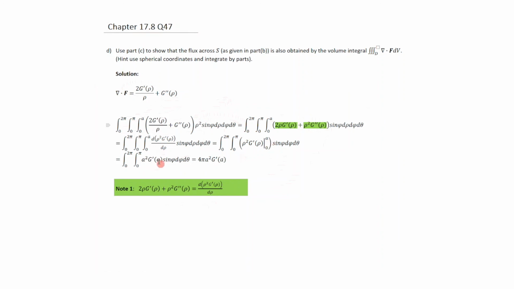That becomes a squared g prime of a because we're evaluating at the upper bound a and the lower bound 0. The lower bound gives you a zero contribution, and that means we're now just integrating with respect to phi and theta. If we go through this process, we end up with 4 pi a squared g prime of a. This is consistent with the result we got when we did the closed surface integral.